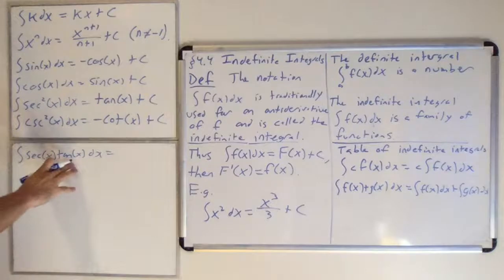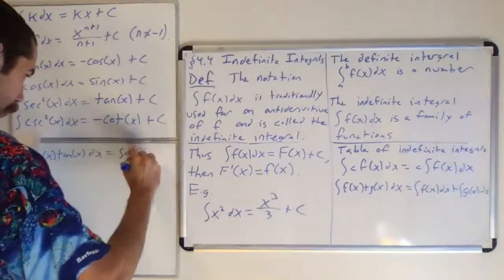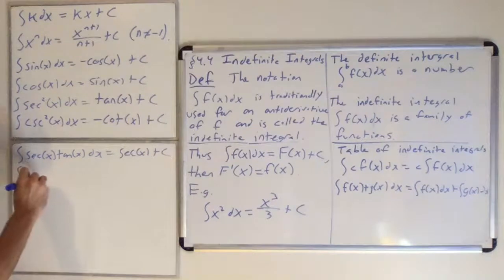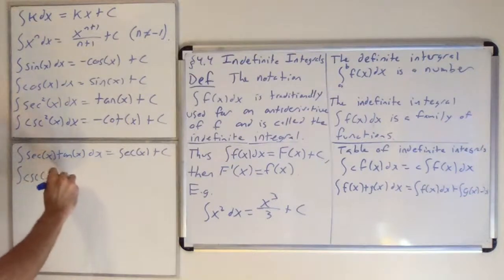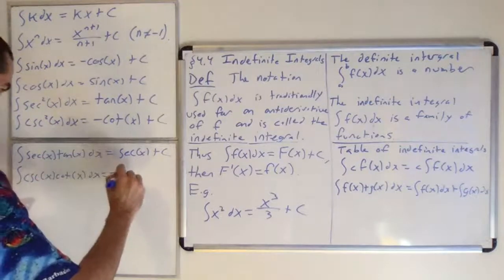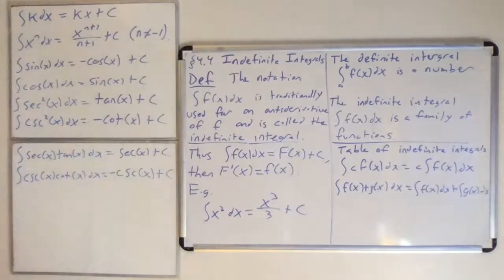The integral of secant x tan x dx is secant of x plus c. And last, the integral of cosecant of x cotangent of x is negative cosecant of x plus c. Okay, so this is just something good to have in your notes for working out these problems. Let's look at an example.